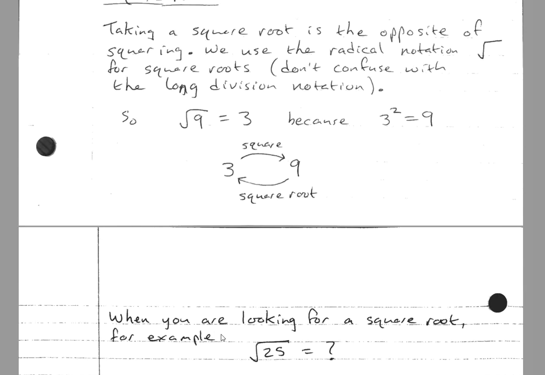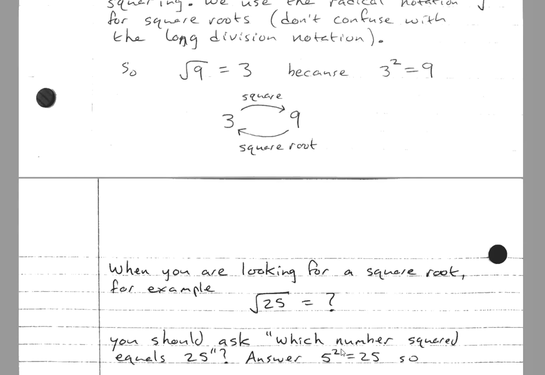Another example. If we're looking for this square root, we want the square root of 25. The question you should be asking is, which number squared gives me 25? Well, you could do some trial and error if you didn't know the answer. Maybe the answer is 4. 4 squared is 16. That doesn't work.